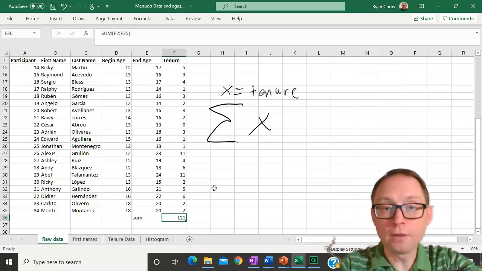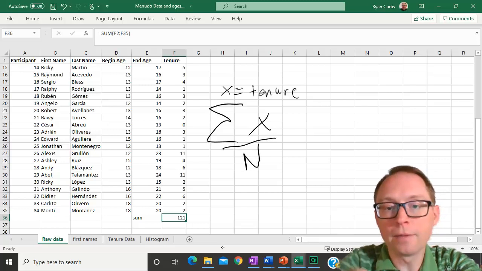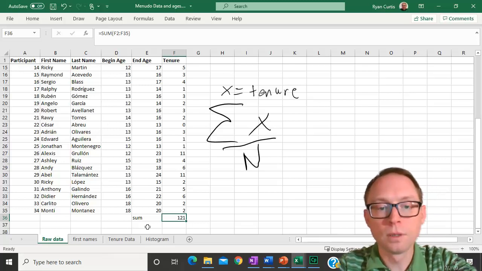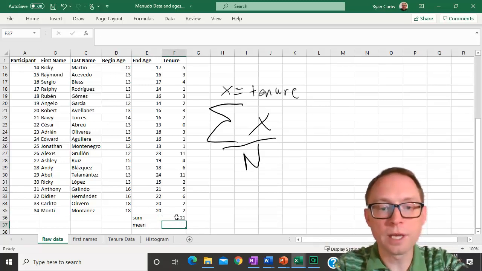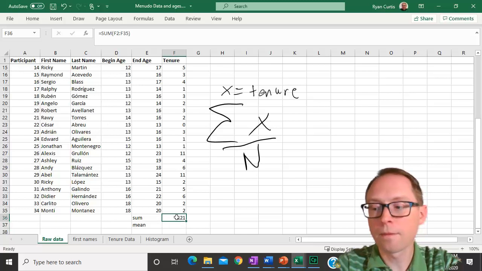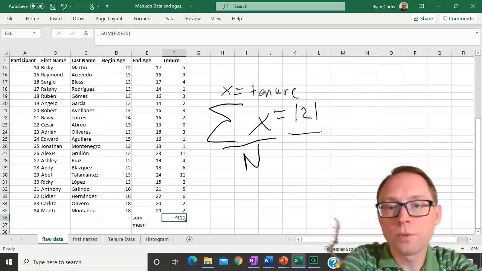To find the mean, all we do is take the sum of x divided by n. So the mean is going to be the sum of x, which is this, 121. We know that the sum of x equals 121 divided by n. And what is n?